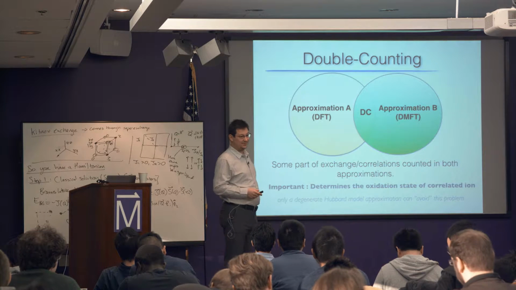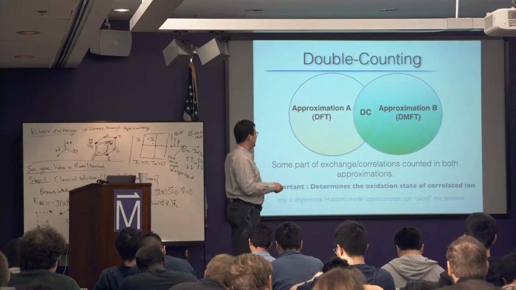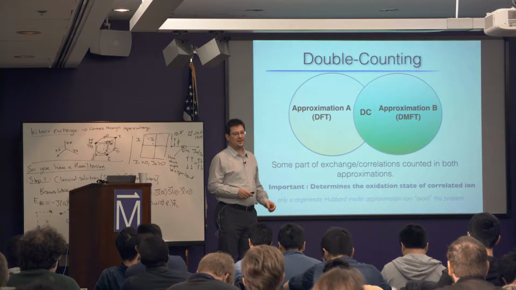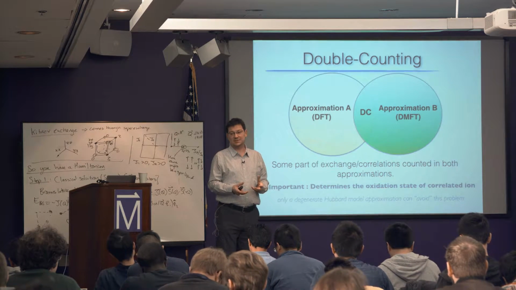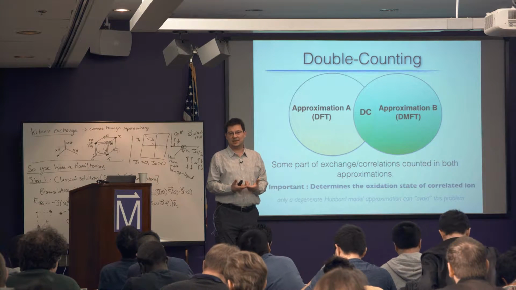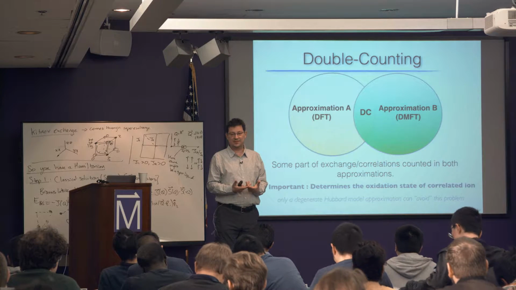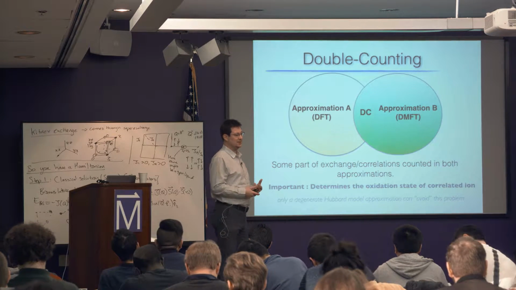Now, double counting. If we have two different approximations, approximation A and approximation B, all of them account for correlations to some extent. And the question is, what is the common thing in both approximations that is counted twice? And you should, of course, subtract that. We saw the functionals.